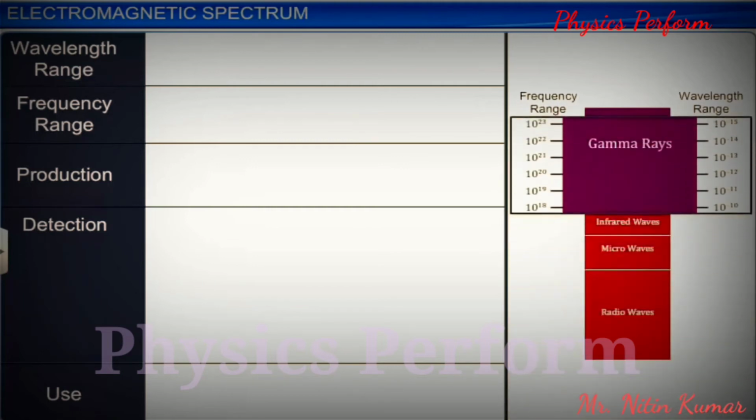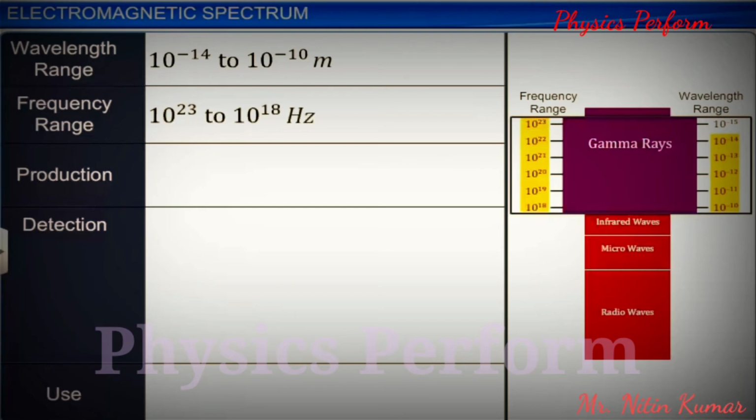In the electromagnetic spectrum, gamma rays have wavelength in the range of 10^-14 meter to 10^-10 meter. Frequency range of gamma rays is from 10^18 Hz to 10^23 Hz, which lies in the upper frequency range of the electromagnetic spectrum.